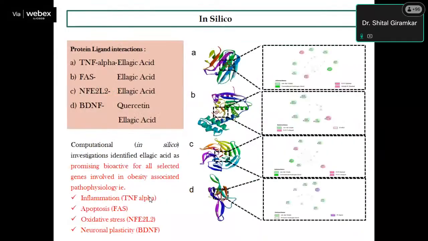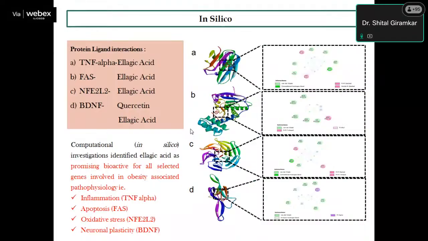Here I am showing only the protein-ligand interaction, where out of these 7 bioactives, ellagic acid was found to be more effective, with more binding affinity for inflammation, apoptosis, and oxidative stress. In the case of BDNF, though quercetin was there, along with quercetin, ellagic acid was more potent for all these things.